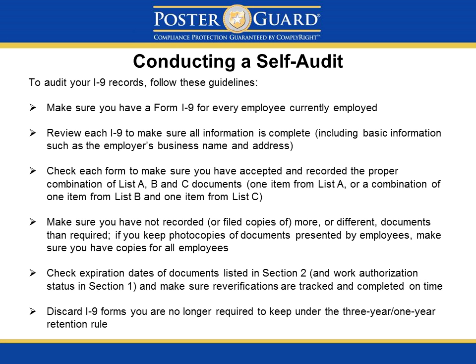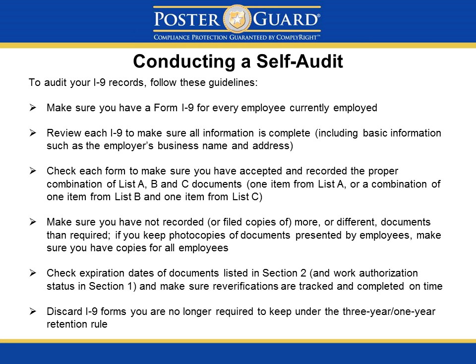And also, don't use correction fluid like liquid whiteout to cover up mistakes. You need to show a trail of what's happened. And then it's also best to just initial and date your changes. You can also write self-audit next to the change. This all shows good intent. These aren't going to be used against you if you've gone back and fixed mistakes, even if you had it wrong in the first place.